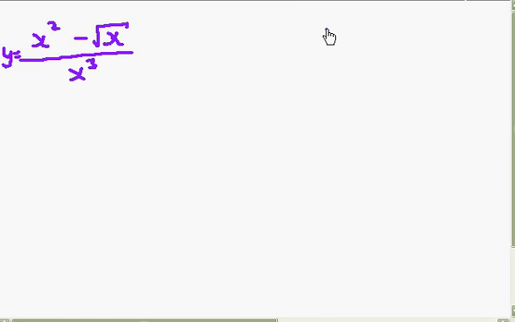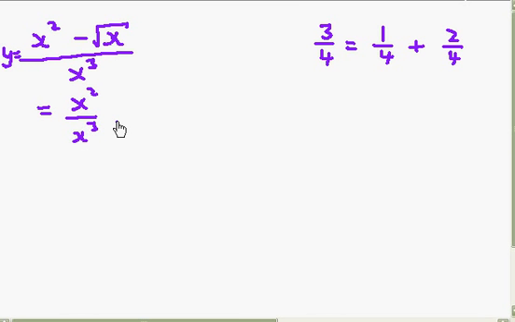Now, to the one side, I'm just going to write you a little example. Now, if I've got 3/4, you should be happy that that is 1/4 plus 2/4. Okay, so I'm going to use the same principle to split this fraction into x squared over x cubed take away, well, effectively x to the half over x cubed.